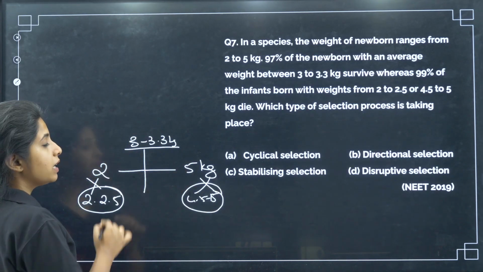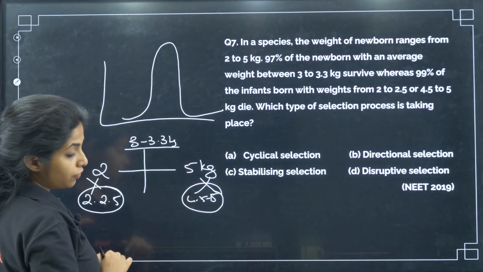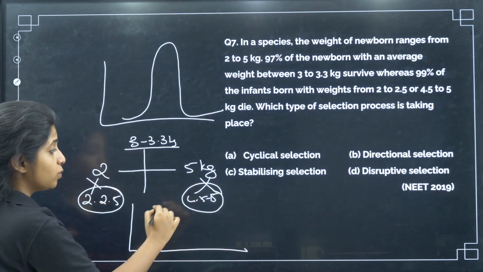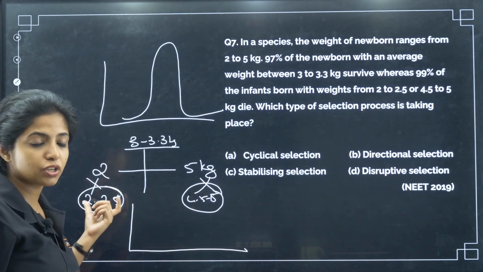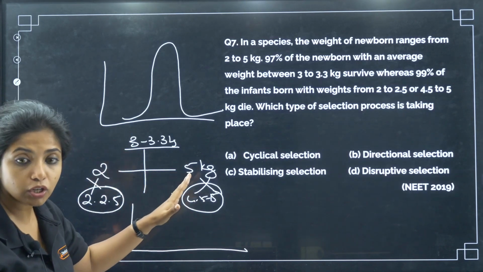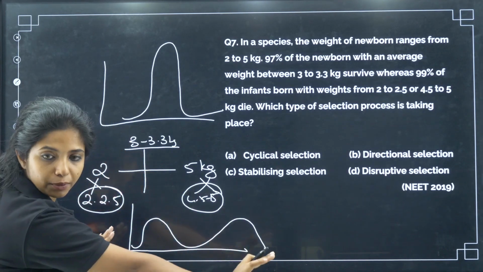They are showing stabilizing selection, where the graph would look something like this. If the question was that babies with this much kg and this much kg were chosen, but no average ones were found, then it will be like this. This is known as disruptive. Two extremes are chosen.